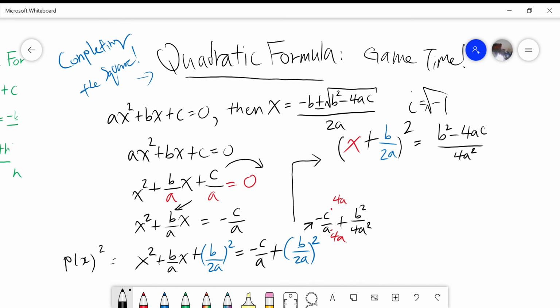That's what we got over here, right? Okay. Now we can see that we can take the square root on both sides to get rid of the square over here.